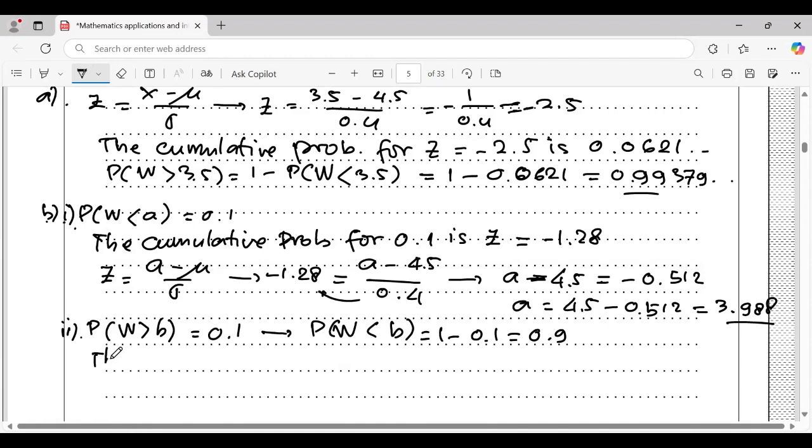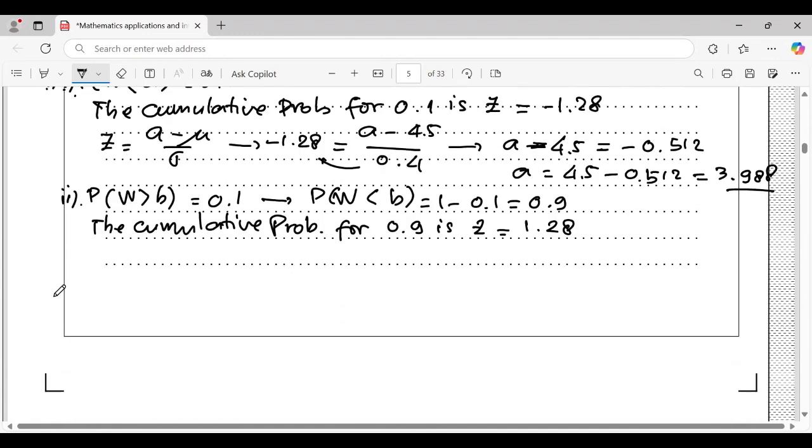And the cumulative probability for 0.9 on the z table or on calculator is 1.28.